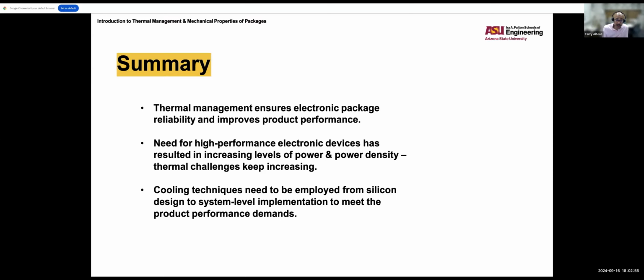And to do so, we will have to be innovative and come up with some very, I'm saying, high functioning cooling techniques, okay? And again, it has to be in a holistic manner that we approach the cooling and power management, thermal management, from the design of the die all the way through the package to the system.